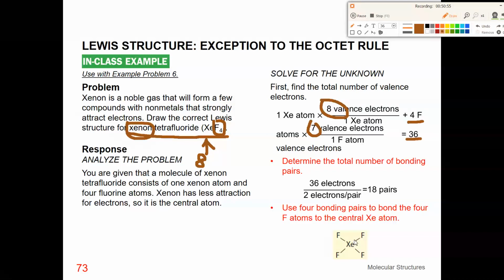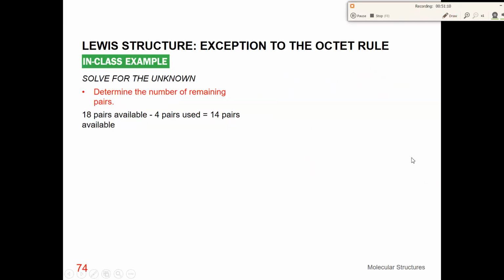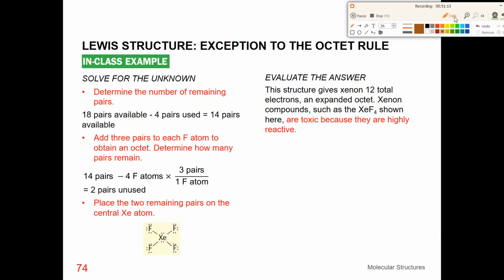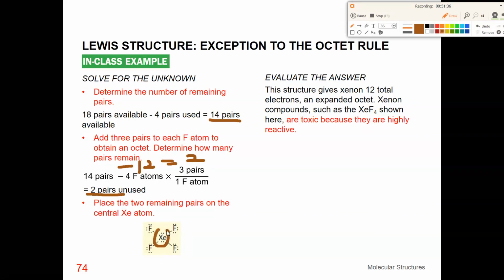You put 4 pairs for the bonds. So 18 pairs minus 4 pairs leaves 14 pairs. We need to put lone pairs around the 4 fluorines. We put 12 pairs around the fluorines: 1, 2, 3, 4, 5, 6, 7, 8, 9, 10, 11, 12. So 14 pairs minus 12 pairs leaves an extra 2 pairs, which we put on the central xenon.